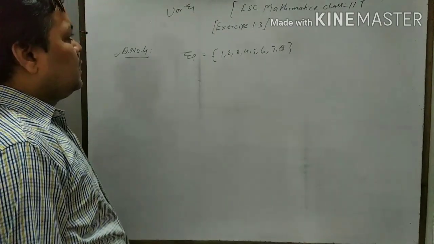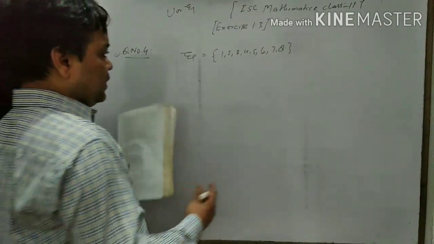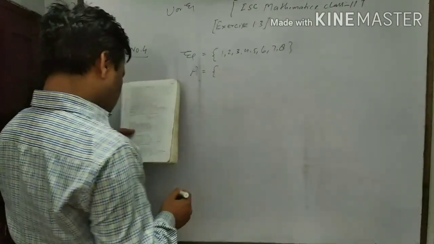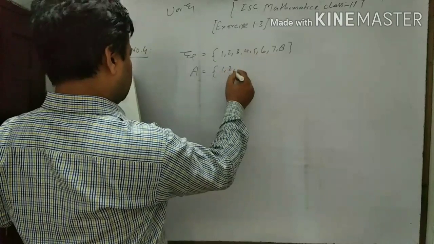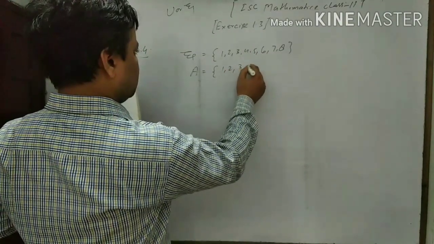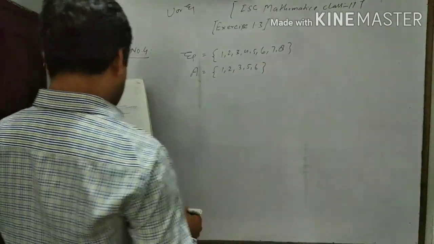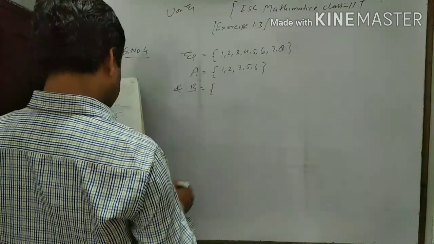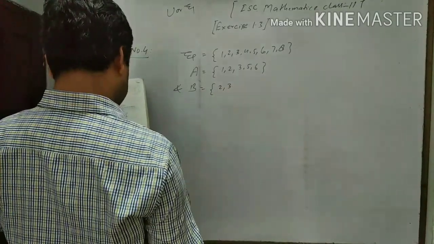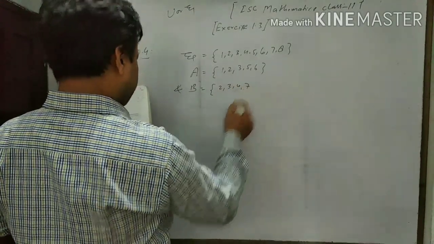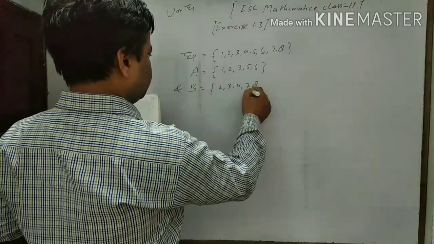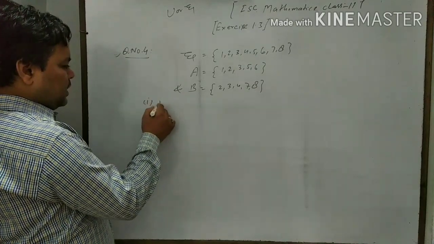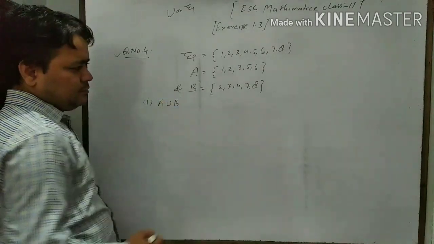After that, set A is given. The elements of set A are 1, 2, 3, 5, 6, and set B is 2, 3, 4, 7, and 8. We have to find the first one, that is A union B.